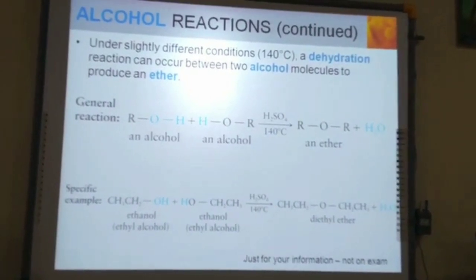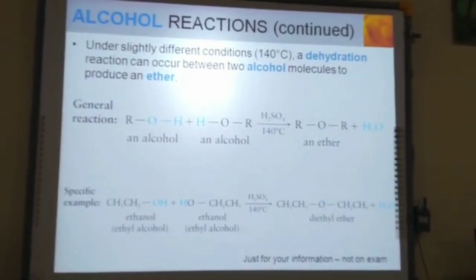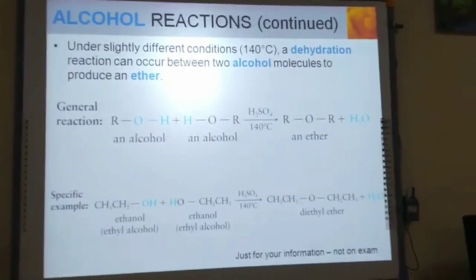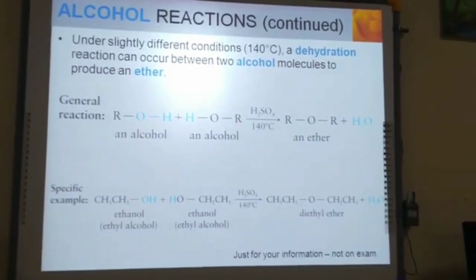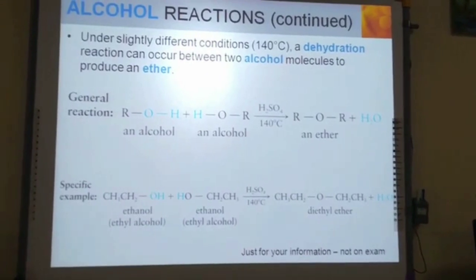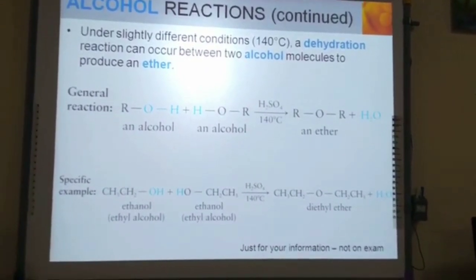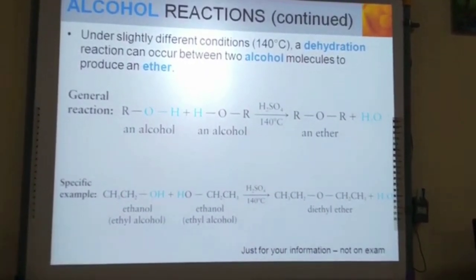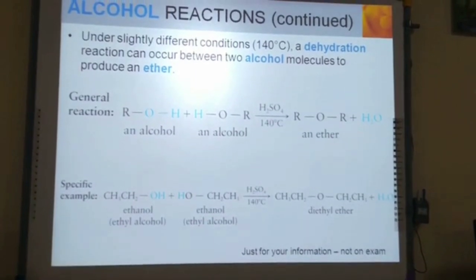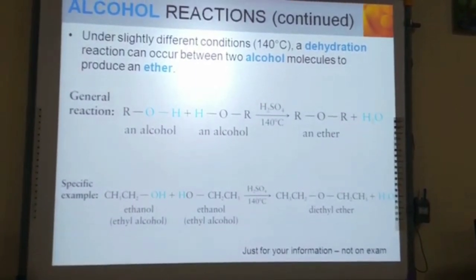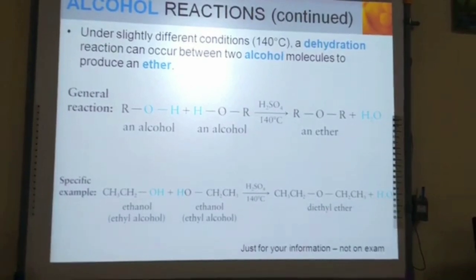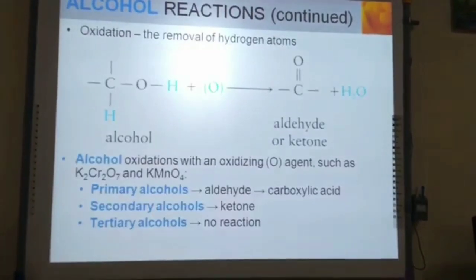Now, at 140 degrees, dehydration of alcohol takes place, but in this case, two alcohol molecules lose a water molecule to form ether. For example, when ethanol is subjected to 140 degree temperature and treated with H2SO4, we get the corresponding ether, that is diethyl ether.